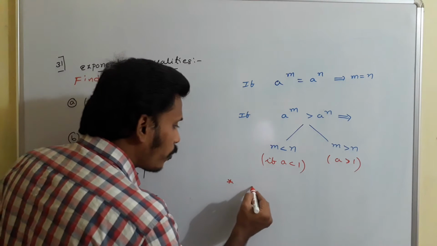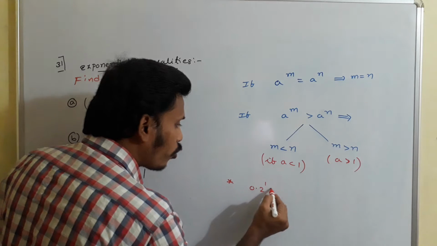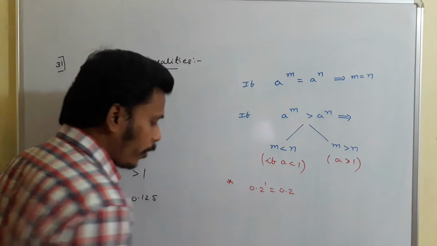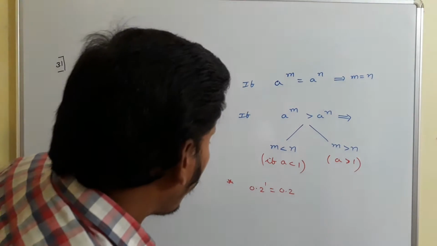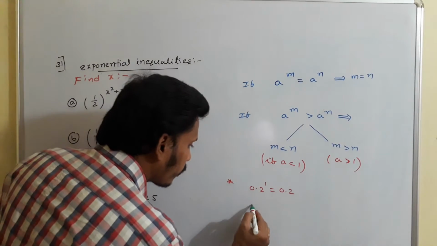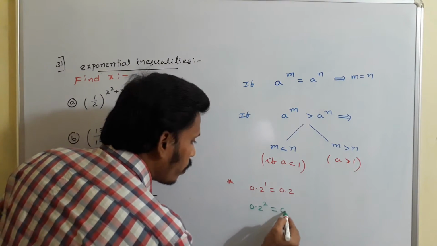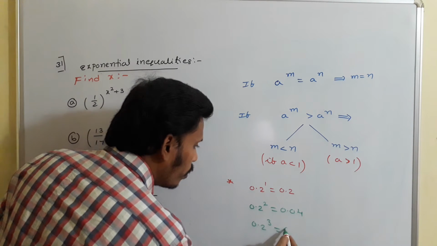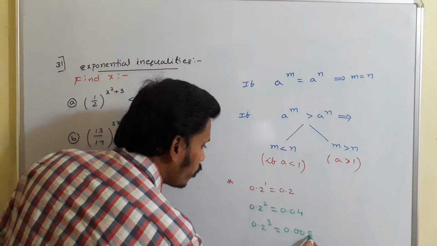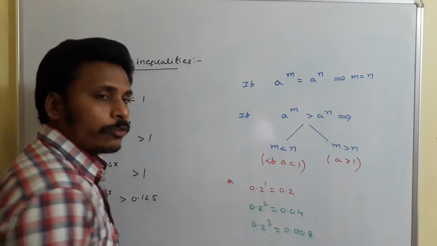As I mentioned, suppose we have 0.2 power 1, it is 0.2. Whereas if you take 0.2 square, it is equal to 0.04. 0.2 cube is equal to 0.008. Like that we continue.